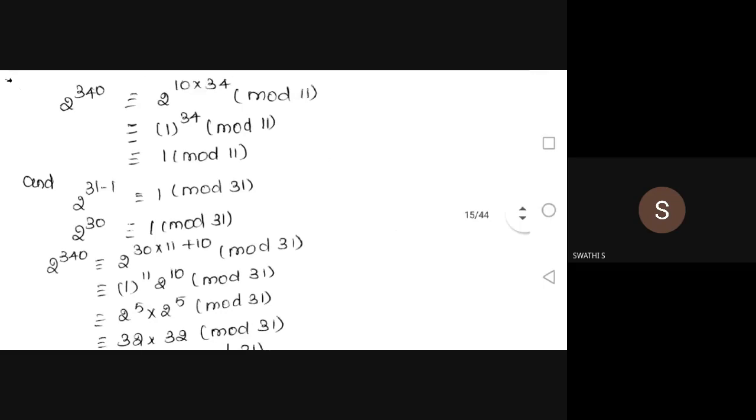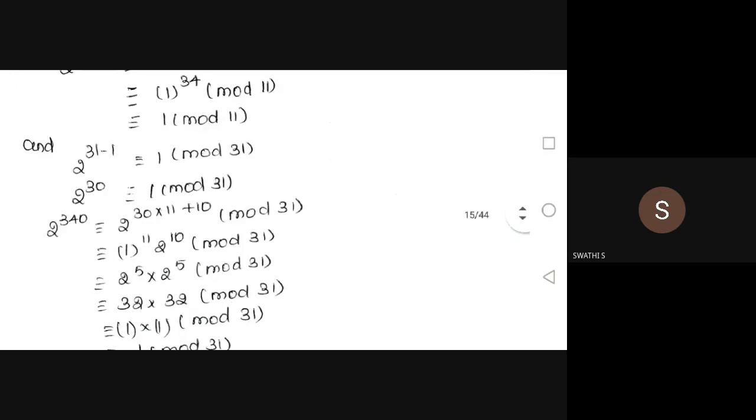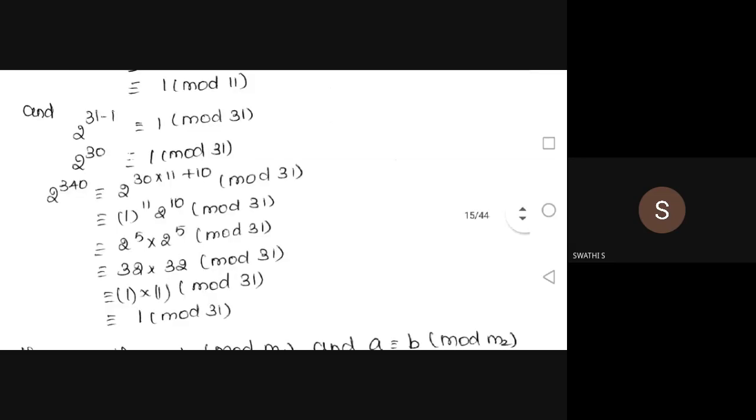When 32 is divided by the mod value 31, the remainder is 1. So 32 is congruent to 1, and 1 into 1 is 1. So 2 power 340 is congruent to 1 under mod 31.